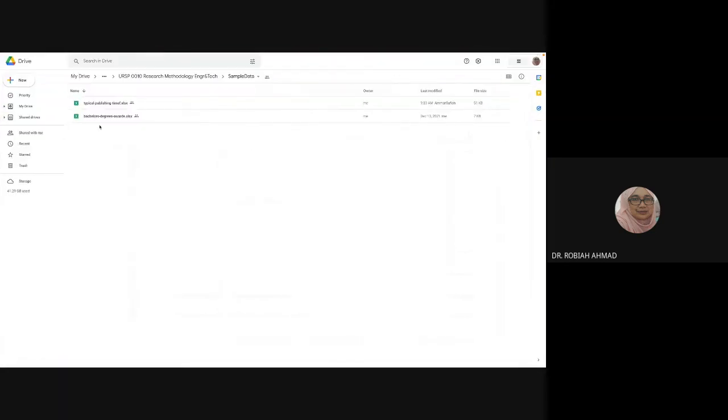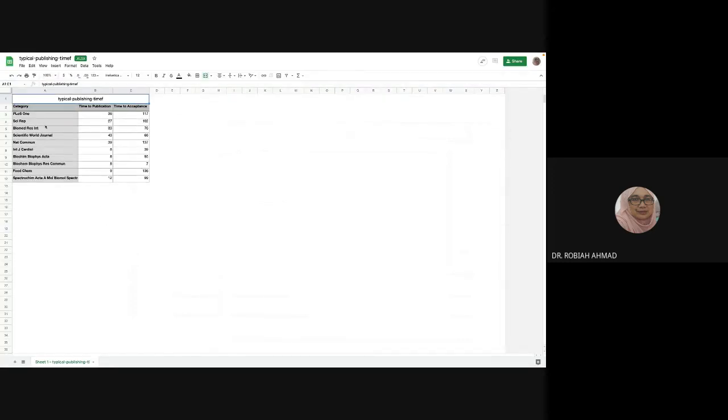Okay, if we look at the data, the first column is on scientific journals, and the second column is time to publication, and then time to acceptance.